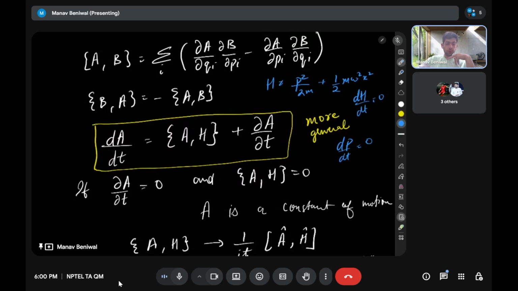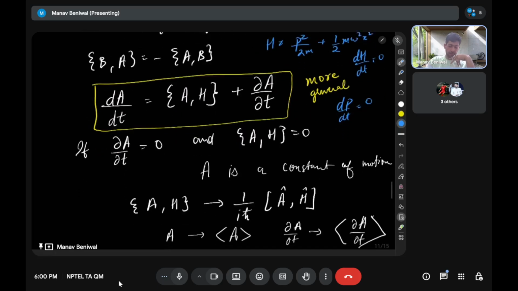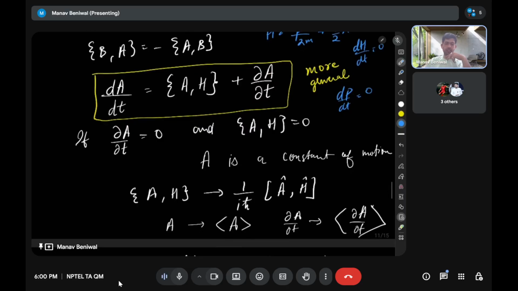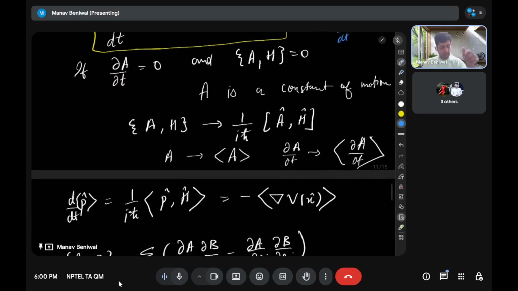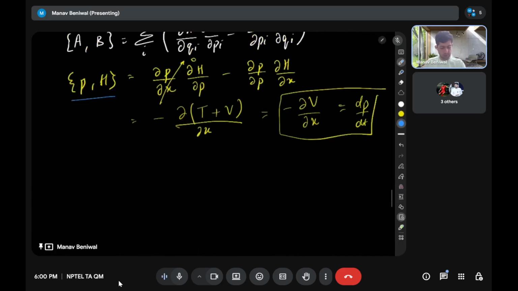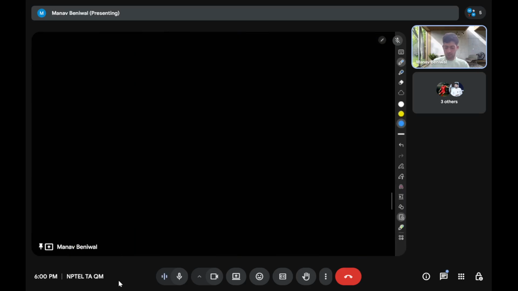And when we do quantum mechanics, if we make these changes, this is what we derived in the last class from purely quantum mechanics. We did not consider any classical mechanics, but what we ended up having is the same Ehrenfest theorem equation, right? Which was this thing.